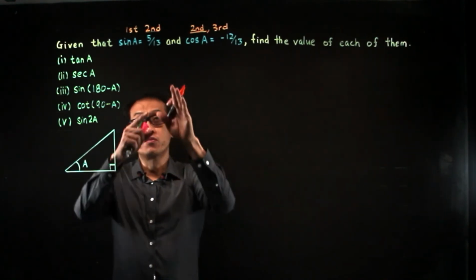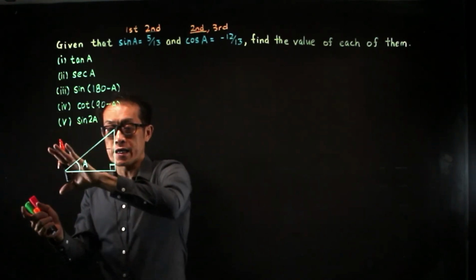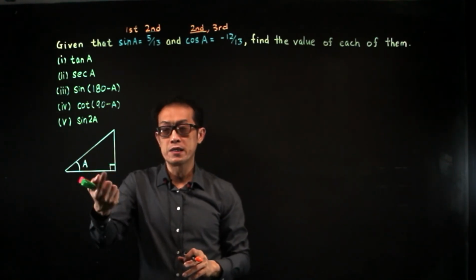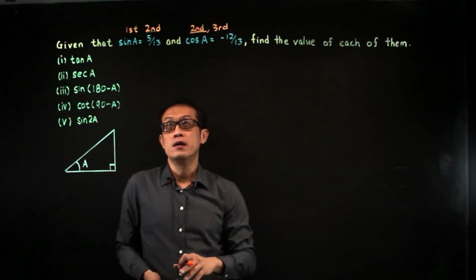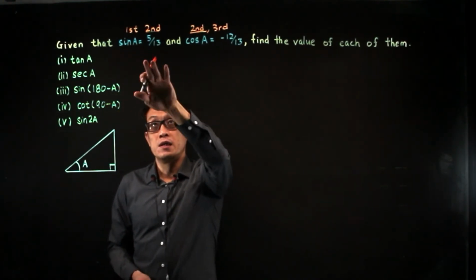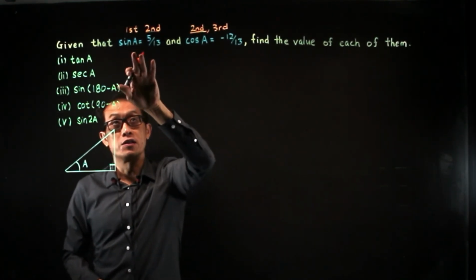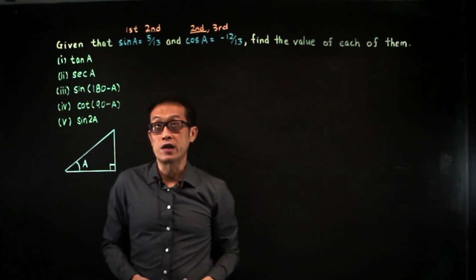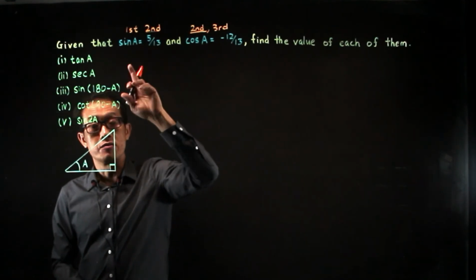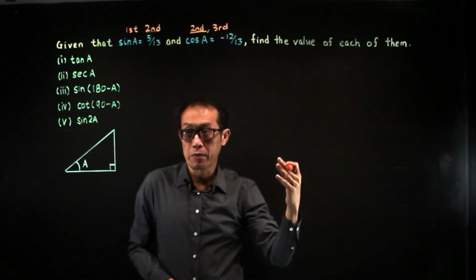Must we draw the triangle in the second quadrant? No, it's not necessary. You simply draw a right-angled triangle, and this is the ratio of the sine function. If this is A, sine is opposite over hypotenuse.